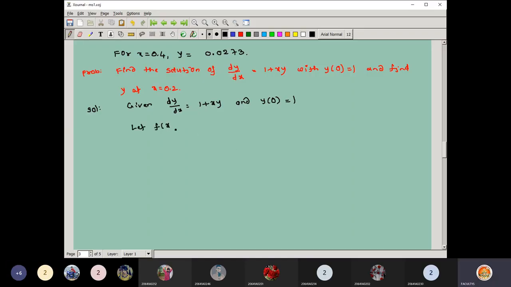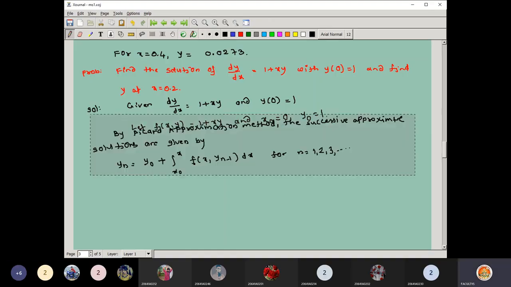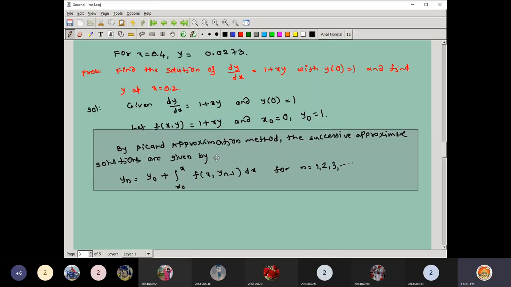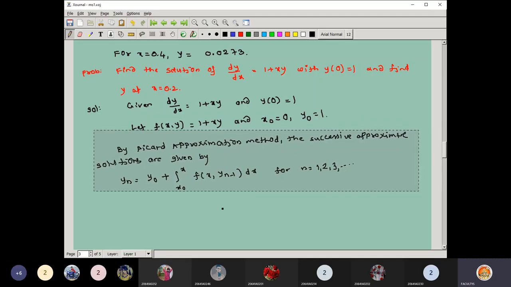So start with f of x comma y, your right side value 1 plus xy, and by the condition x naught is 0, y naught becomes 1. So after getting that, now you are using Picard's approximation method in order to get your answer.